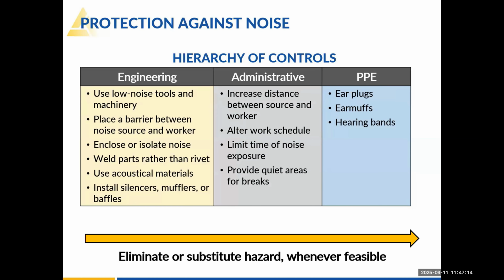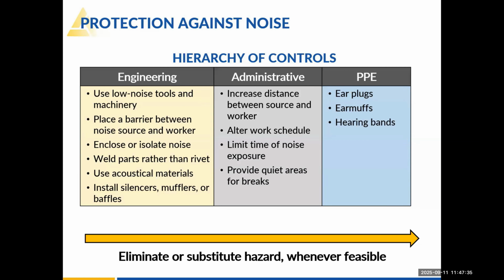And then noise. This is a big one. We want to make sure that we reduce the noise levels the best we can through the engineering, administrative, and PPE. Trying to avoid PPE altogether here. If we're above an action level for noise, we may be forced into wearing PPE.